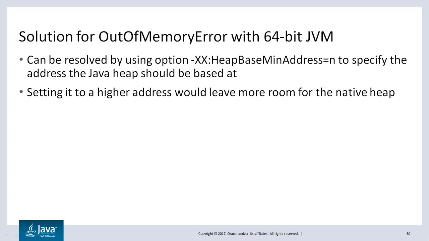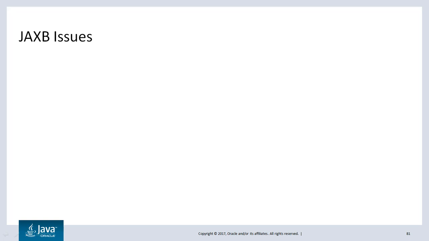This problem can be resolved with the JVM option HeapBaseMinAddress. By using this option to base the heap at a higher address, we can leave more room for the native heap to grow.